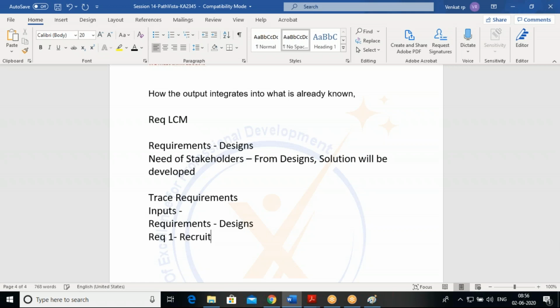Recruiter should be able to enter the efforts every hour.